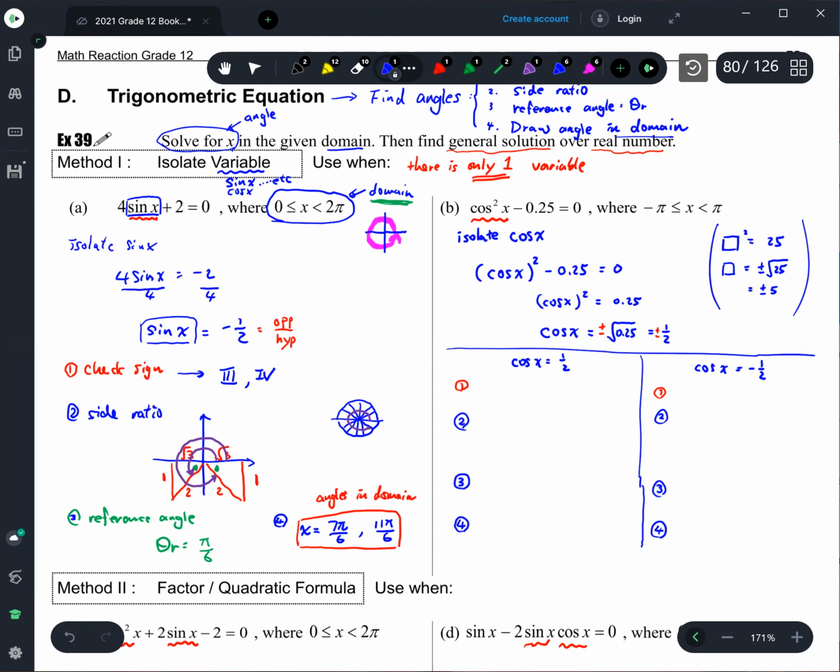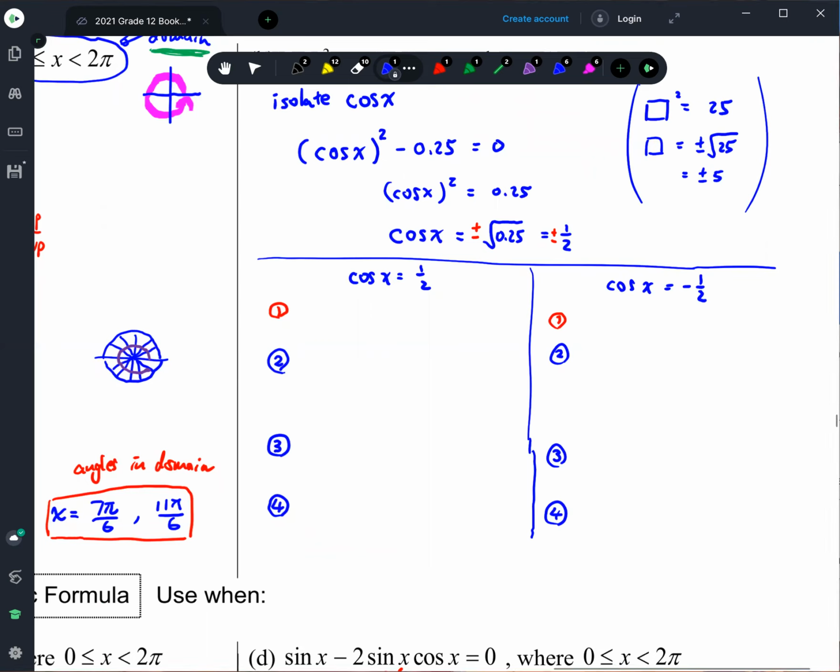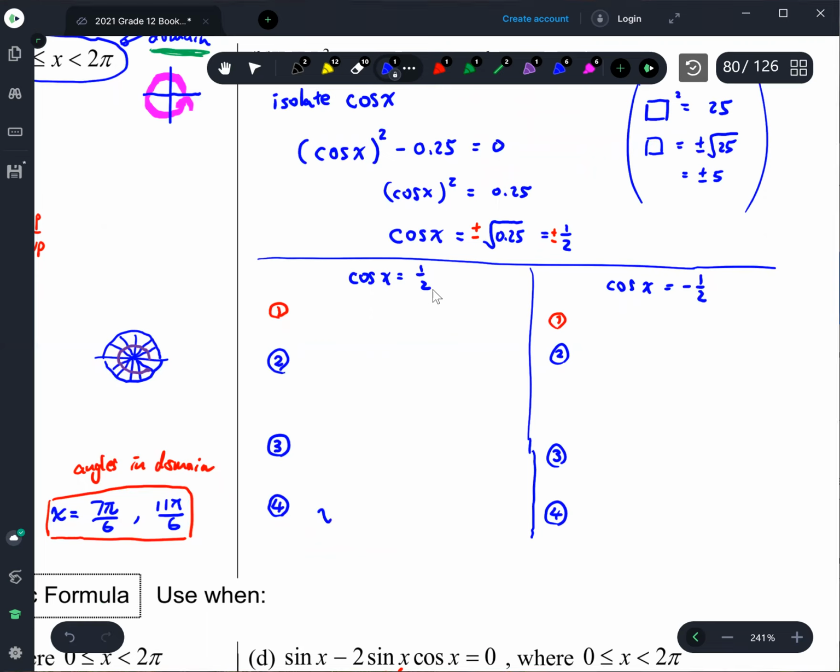So I'll let you carry out the left side, okay? The positive half. We'll check that first before you do the negative part. If you finish the left-hand side, cosine x equal to 1/2, you can raise your hand after you find the x for the left side.